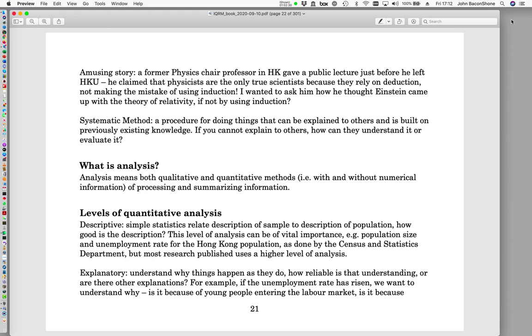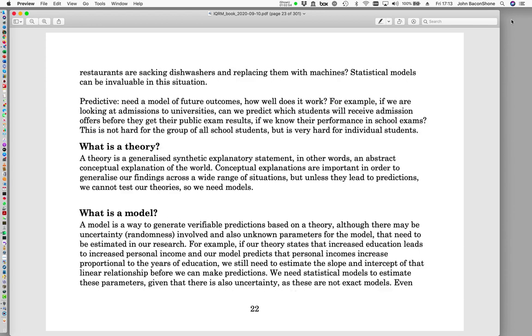For example, if the government says that the unemployment rate has gone up, as it actually has done for the last few months, we want to understand why has it gone up. Is it because of the virus? Is it because it's getting to the end of the year and there are young people entering the labor market? Is it because restaurants are sacking dishwashers and replacing them with machines?